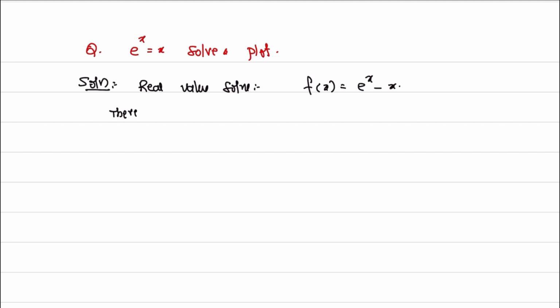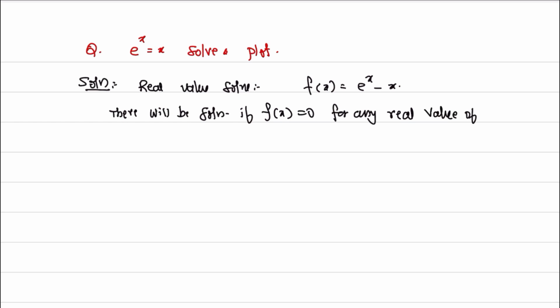There will be a solution if function x is equal to 0 for any real value of x. That means if x is real and function x is equal to 0 for some real number, then there exists a solution.